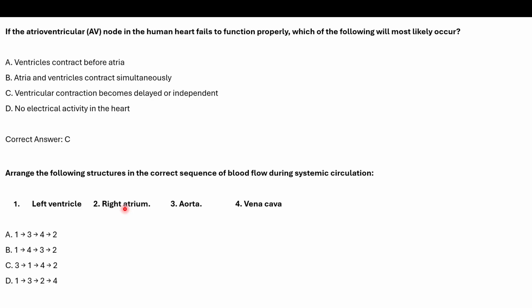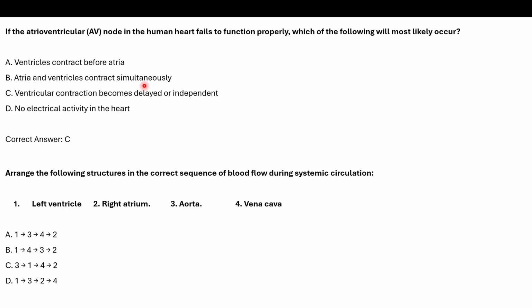Now, if the atrioventricular node in the human heart fails to function properly, which of the following will most likely occur? Ventricles contract before atria? No, this can't happen. Atria and ventricles contract simultaneously? No, because the atrioventricular node mostly regulates and controls the contraction of the ventricles.